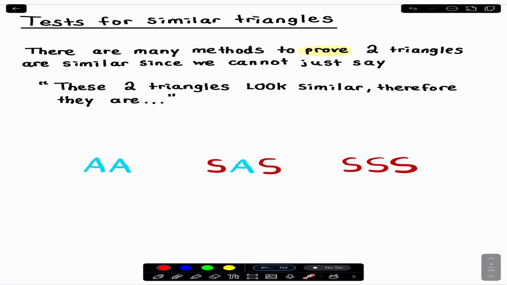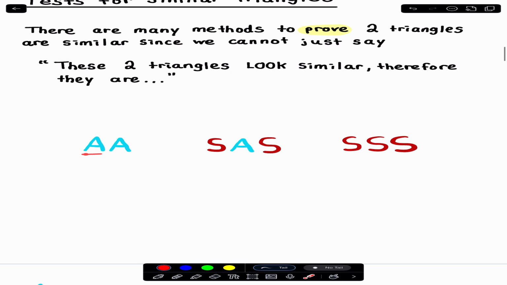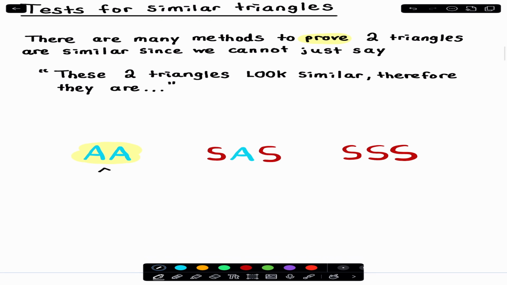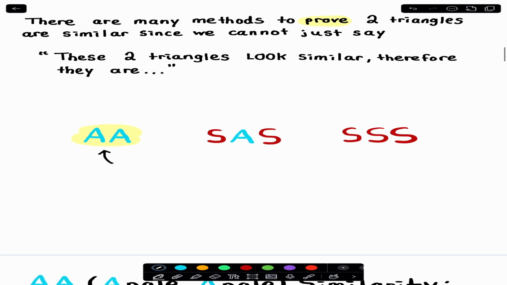They are called as follows: AA, SAS, SSS. These are their acronyms. I'm going to put special emphasis on AA, because this one is probably the most important and common. It pops up the most frequently.